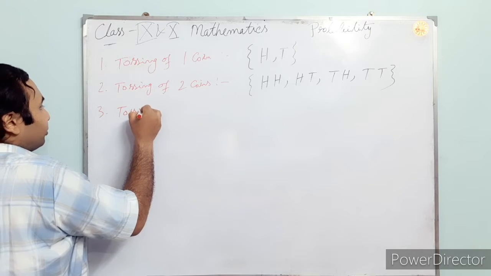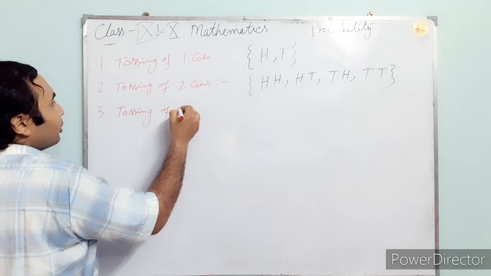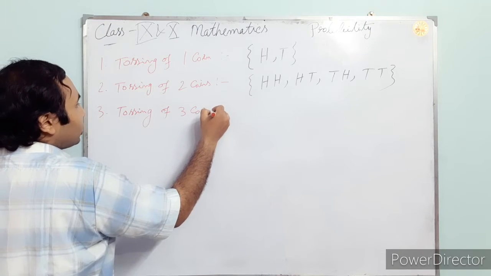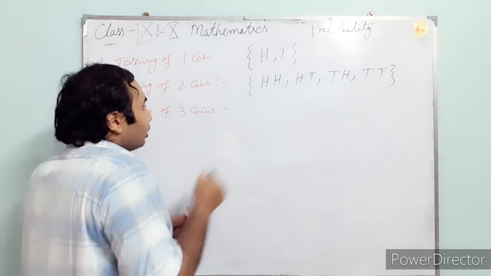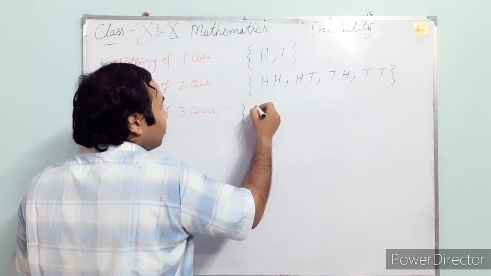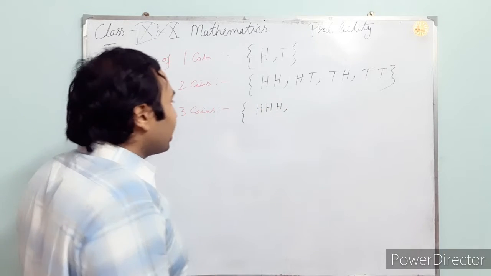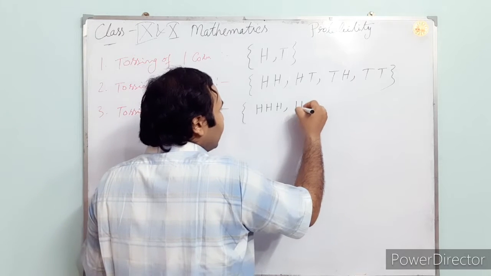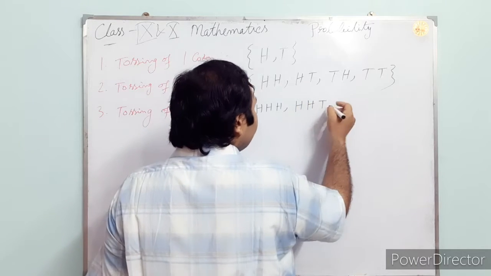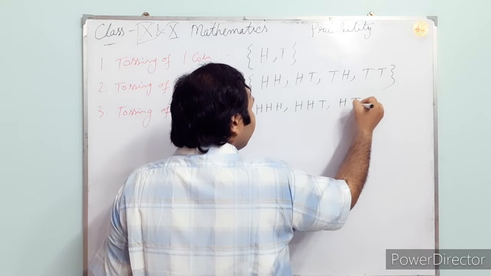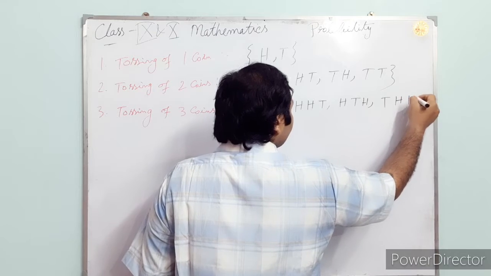Tossing of three coins. Up to 3 coins comes in probability in your classes. This is very interesting. H, that is 3 times head, then take one tail at last, then take the tail in the middle, then take the tail at first.